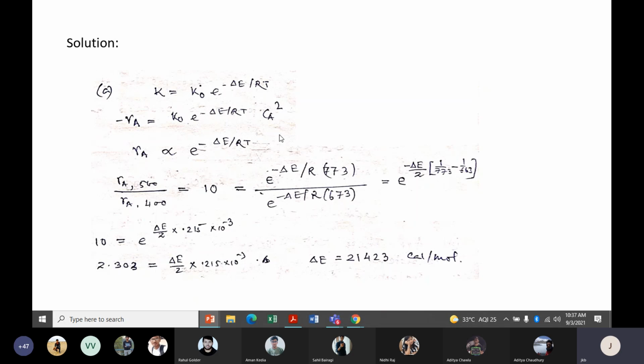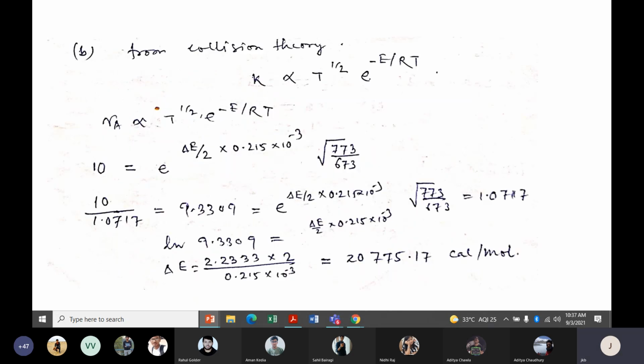Now if we consider the temperature dependency like T and square root of T, there will be one more product here, that is the ratio of T1 by T2 square root, or T1 by T2 in the case of transition state theory, that you can calculate, and you will get a different activation energy for each method. For collision theory it is the square root.